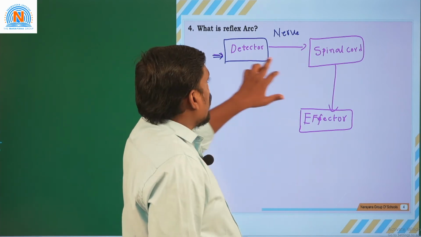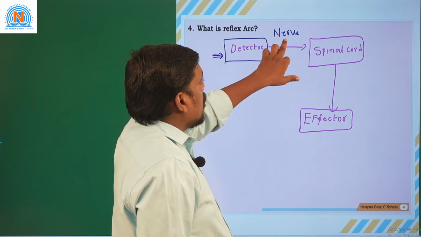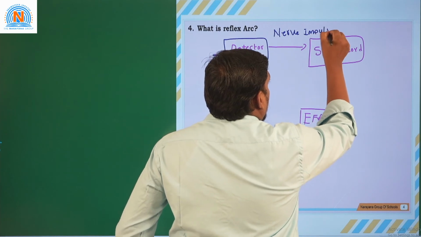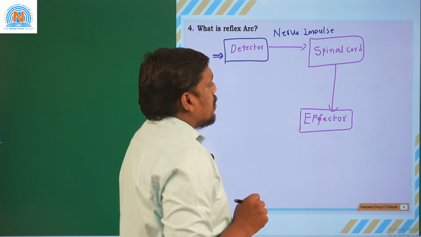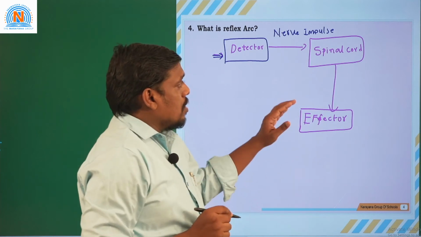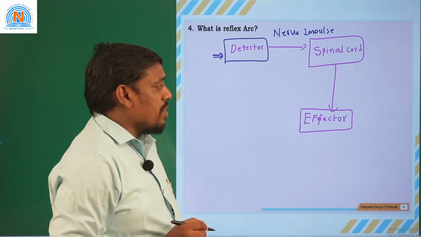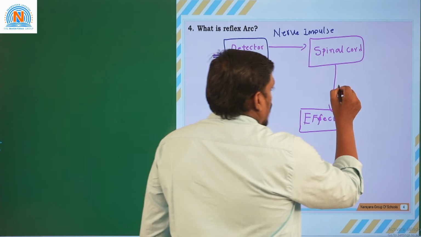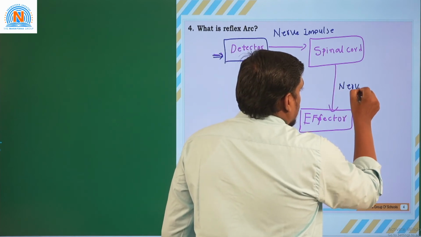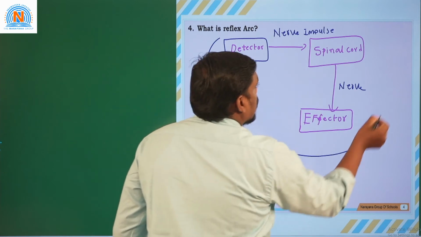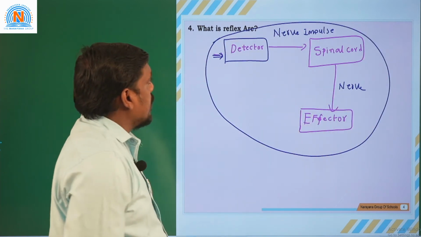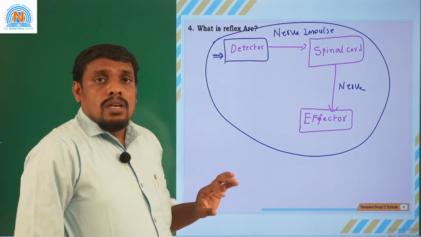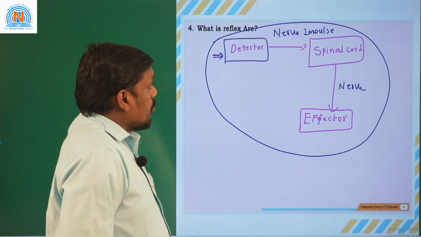Now the spinal cord receives the nerve impulse, or nerve information, from the detector, and the spinal cord sends this information to the effector organ, effector muscles, or effector structure through the nerves only. So this entire structure is generally called a reflex arc. This entire structural mechanism is scientifically considered a reflex arc.